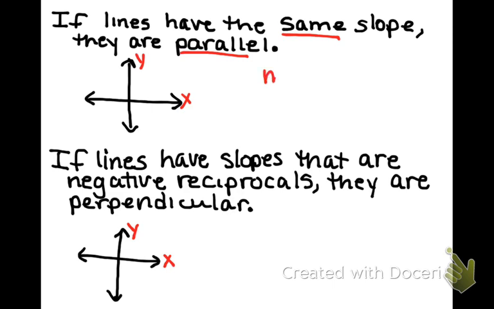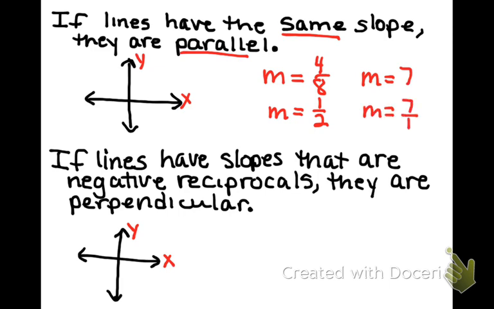So you might end up with a slope of 4/8 and a slope of 1/2, and virtually they're the same slope. You might get something like the slope is 7 and the slope is 7/1. Again, the same. So they would be parallel.